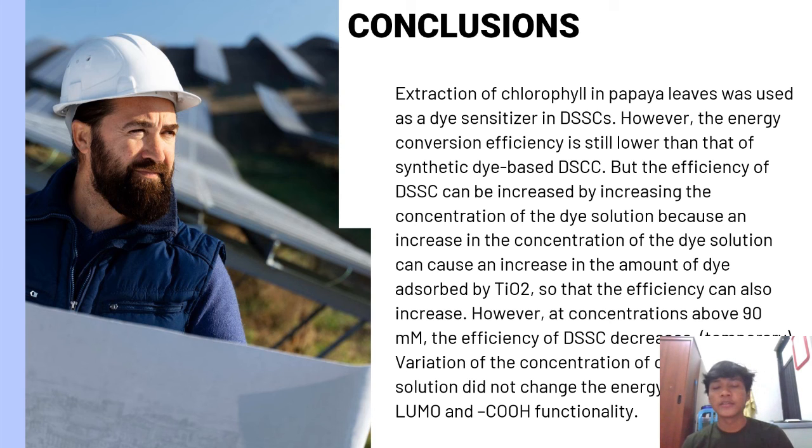For the last slide, it is about the conclusion. Performance enhancement of dye-sensitized solar cells using a natural sensitizer: chlorophyll that has been extracted from papaya leaves can be used as a dye sensitizer in DSSCs.